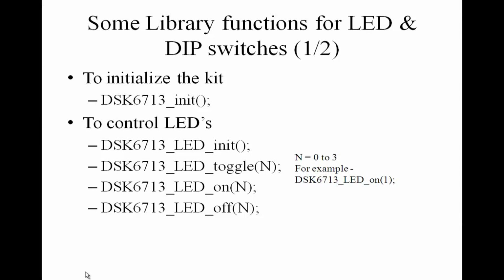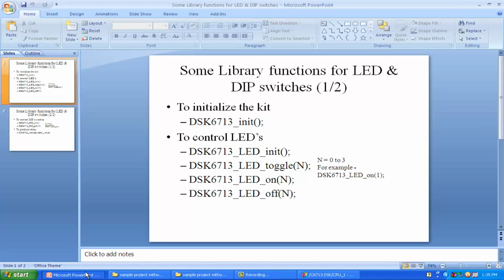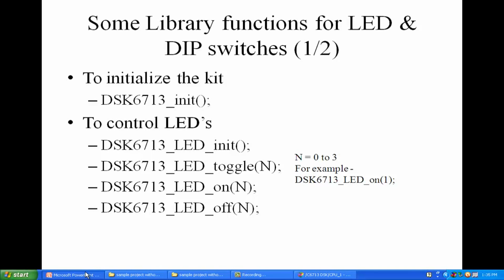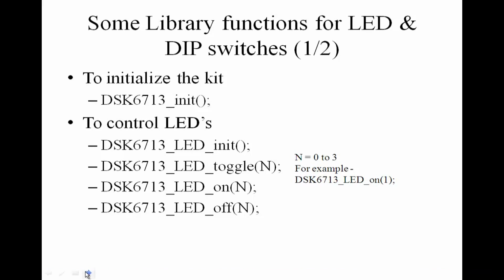These are some of the library functions to initialize the kit. We have DSK6713_init. For working with the LEDs, we have 4 functions. One is init, second one is toggle. If we want to toggle our LED, we just write a number. We have 4 LEDs on the kit, so we can write 0, 1, 2 or 3. It will toggle that particular LED.